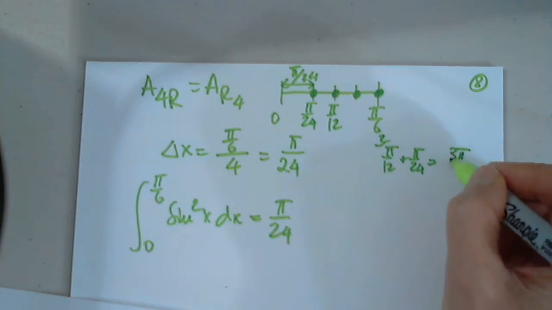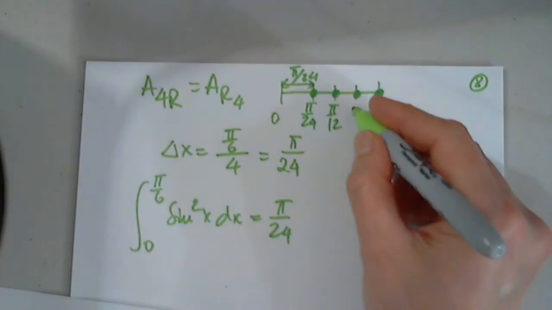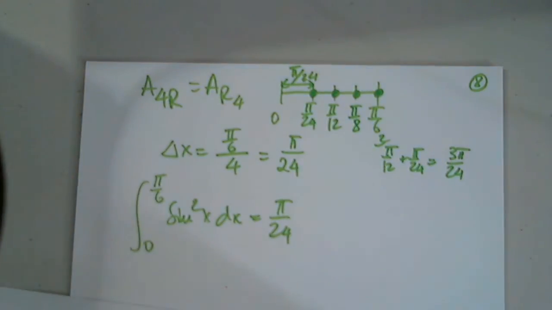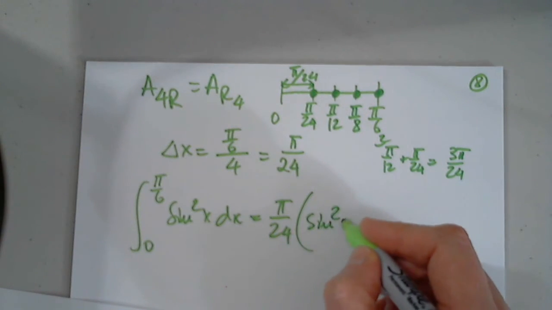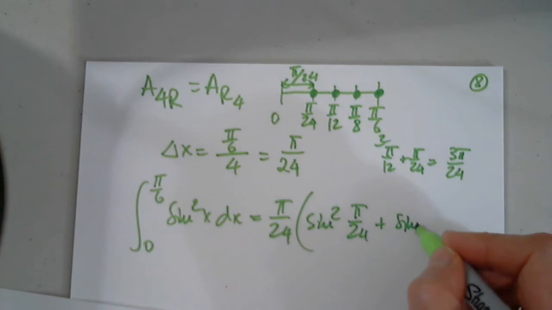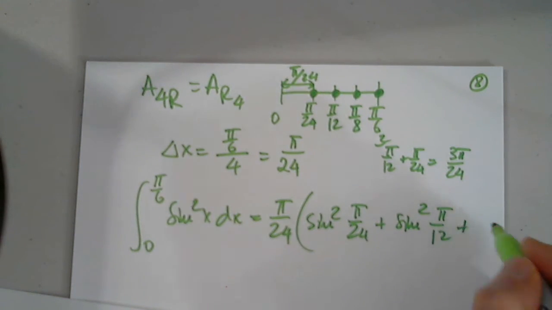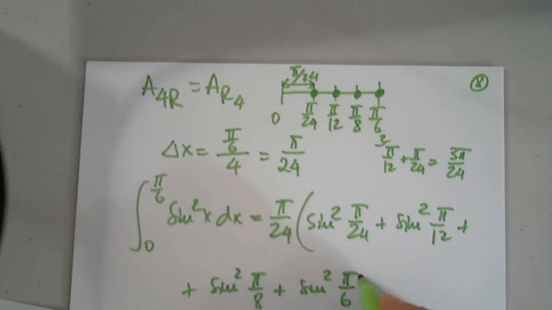So it's 3 pi over 24. It's pi over 8. Okay. So this is sine squared of pi over 24 plus sine squared of pi over 12 plus sine squared of pi over 8 plus sine squared of pi over 6.